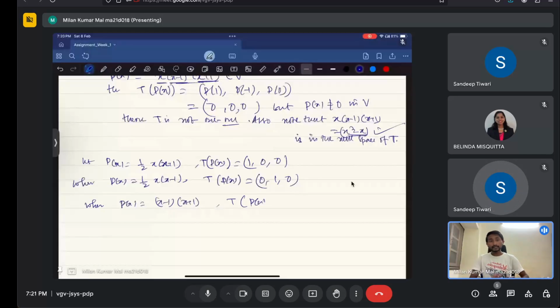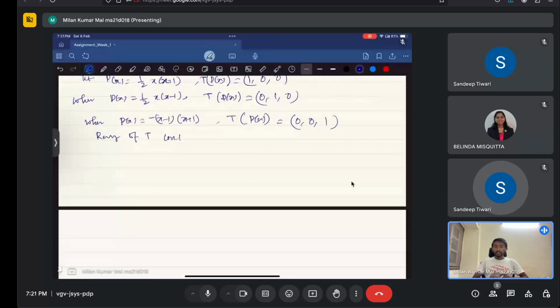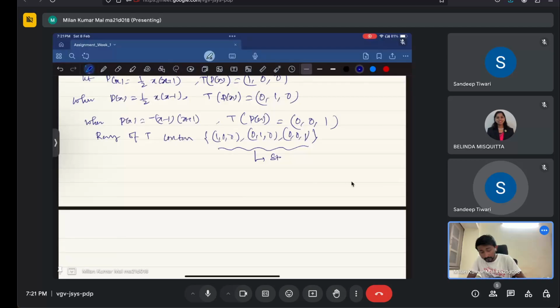We know that the range space of T is a subspace, and this particular set 1,0,0; 0,1,0; 0,0,1 forms the standard ordered basis for R3. Therefore, T is onto.